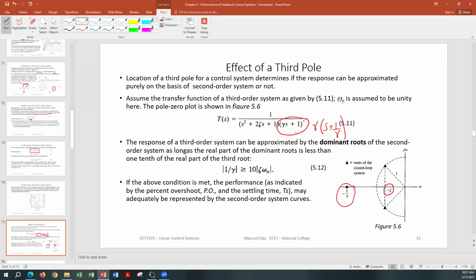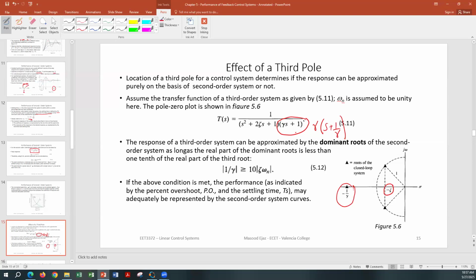So that's what is discussed here: when it's okay to ignore the third pole and assume that the response will be solely because of the second order system. And the criteria that is given in the book is this. If 1 over delta is greater than or equal to 10 times zeta omega n, then most of our performance indicators can be safely calculated using only the second order system, ignoring the third order pole.